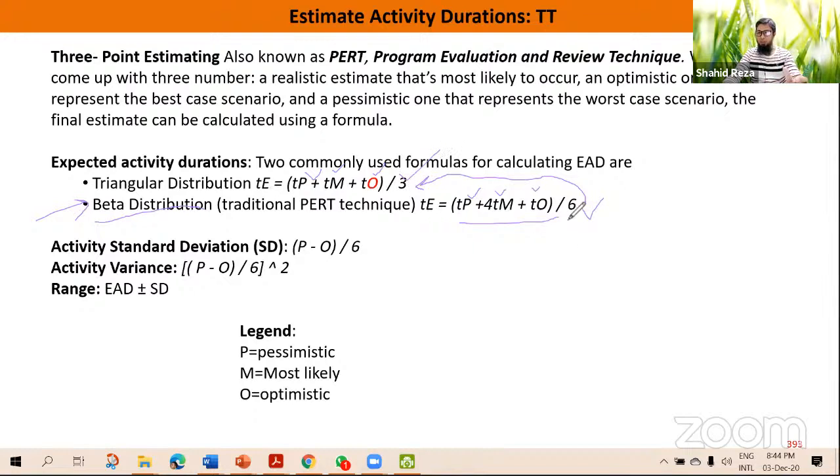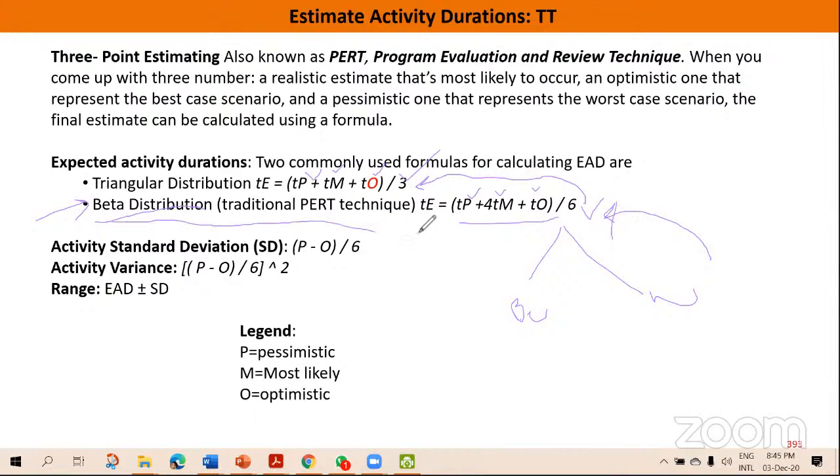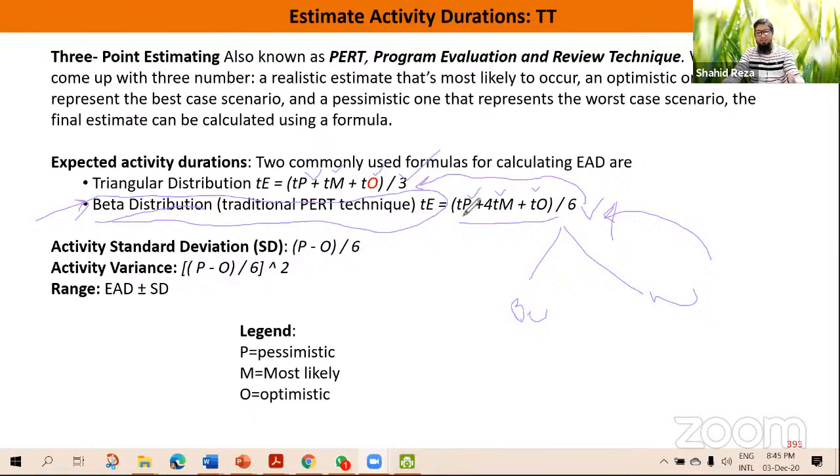If nothing is mentioned or it is mentioned it is beta distribution or weighted average distribution, then you will always use this formula. This is the main beta distribution formula. স্যার, 6 দিয়ে ভাগ কেন? মানে 6 কোথা থেকে আসলো বা 6 কি জন্য দেব স্যার এটা একটু বলবেন? একটু আগে তো বললাম যে because at the top you are having 6 items, so you are actually calculating the average.